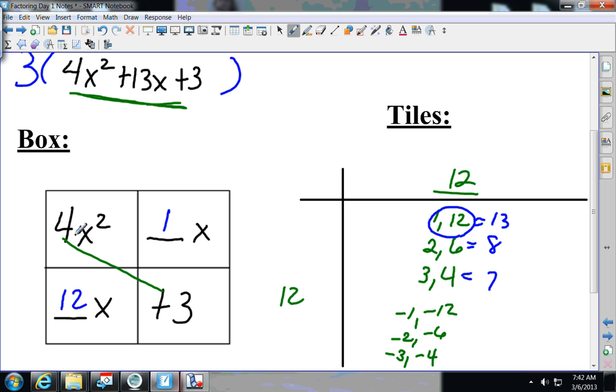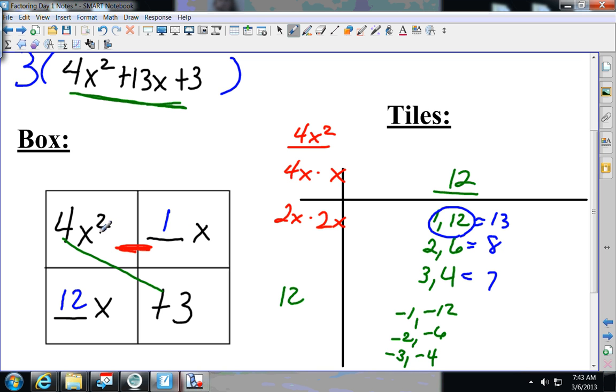The problem is that 4x squared can split up as either 4x times x, or what else? What else multiplies together to give you 4? 2x times 2x. We don't know which one that is. That's why we do the GCF. Out of these two boxes right here, what is the GCF?